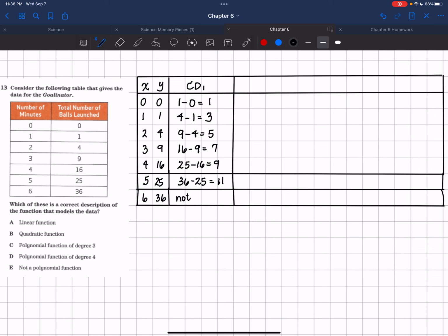So it is not common at the first level, which means it's not linear. There's definitely a pattern there, though. So I would suspect that this one will not be option E. Since there is a pattern, I think it's a polynomial function. It's just a matter of knowing which degree it is.